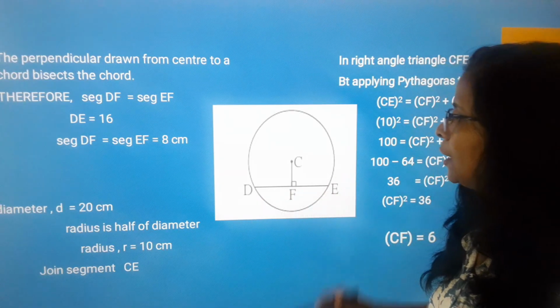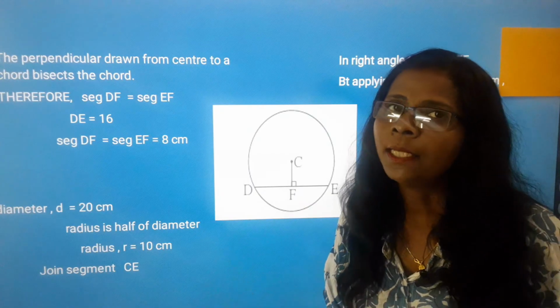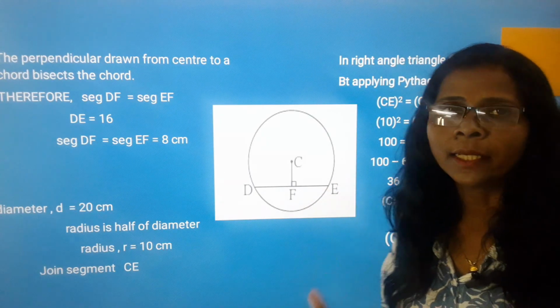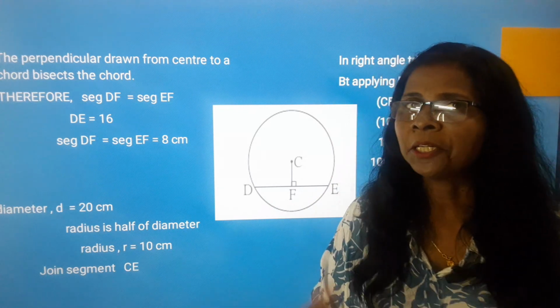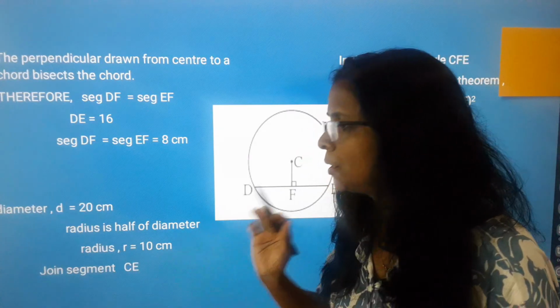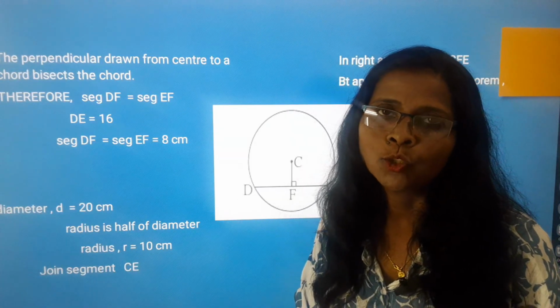So now the second part is that the diameter is also given. So from the diameter we can calculate the radius. Diameter is 20 cm. So we can say that radius r is equal to 10 cm here students.